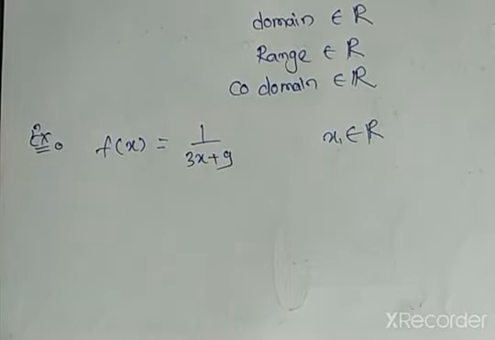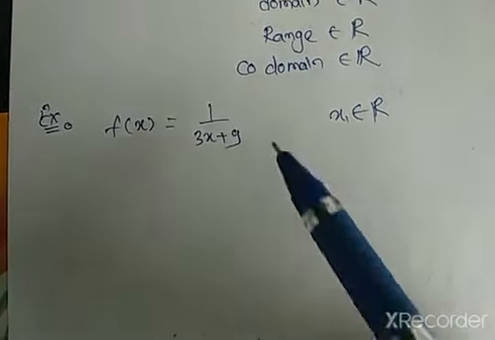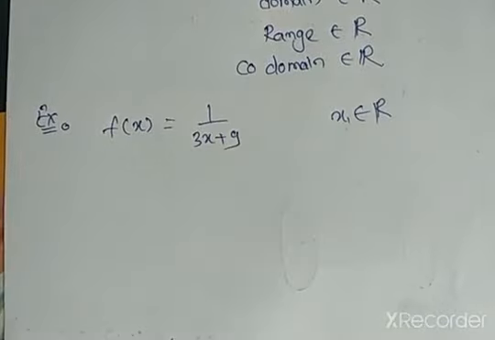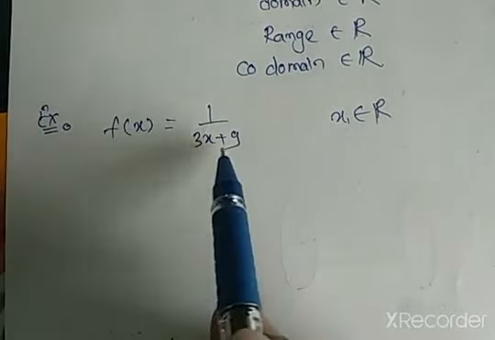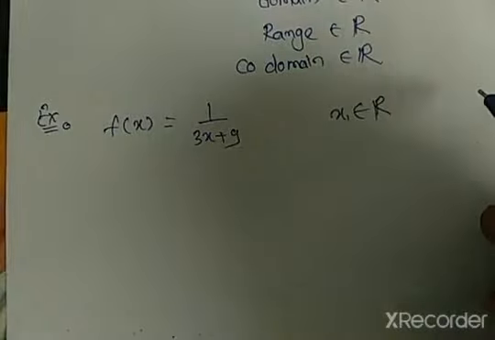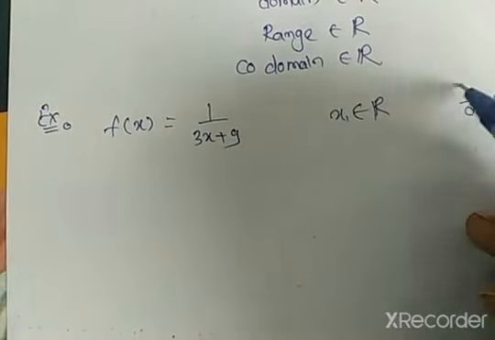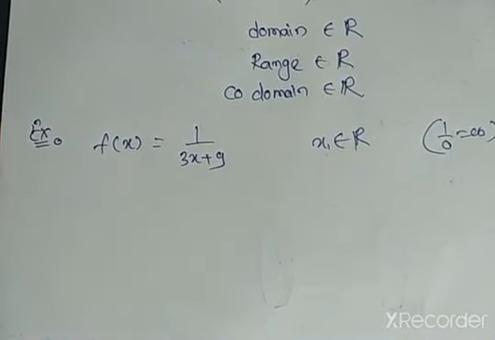We have to check here what is its domain and codomain. In this example it is in the form of division, 1 upon 3x plus 9. In division we have to check whether the denominator will be 0 or not, because 1 upon 0 is infinity, which is not a defined value.